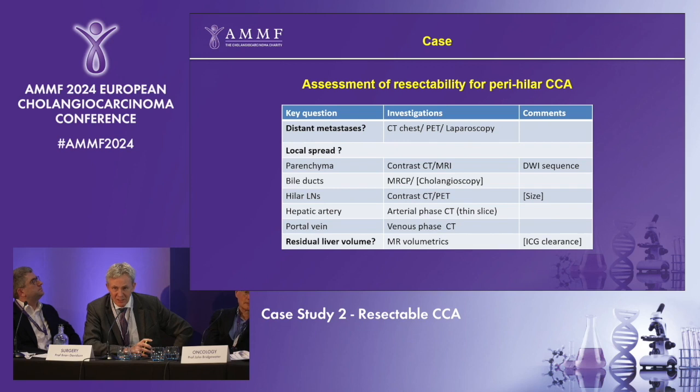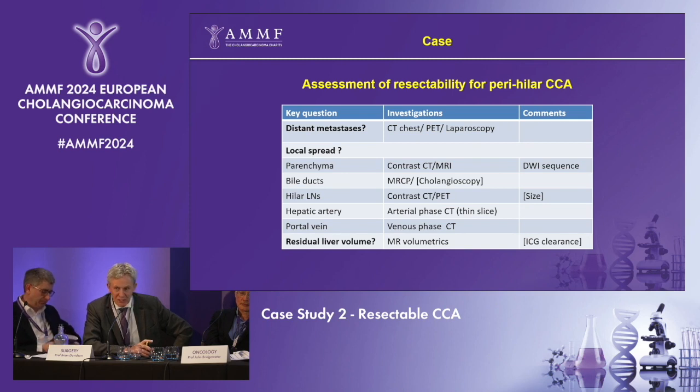Has the cancer spread locally to a point where it cannot be removed? And I've mentioned there about how we assess local spread. So the cancer is often spread from the bile duct into the liver and diffusely spread into the liver.